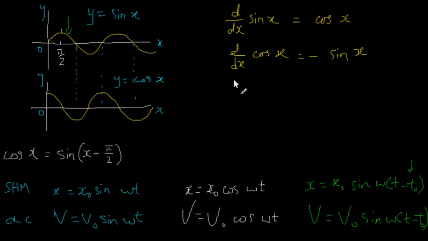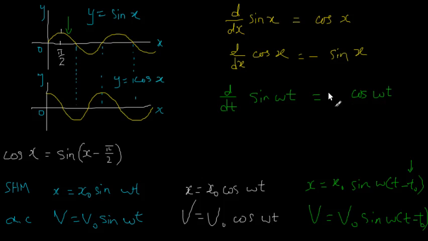Now, if I have omega t in the formula instead of x, and I want to find the gradient with respect to time, so that means that I have sine omega t, and I want to do d by dt instead, then I will get cosine omega t, but I must use the chain rule to also differentiate the argument with respect to time.